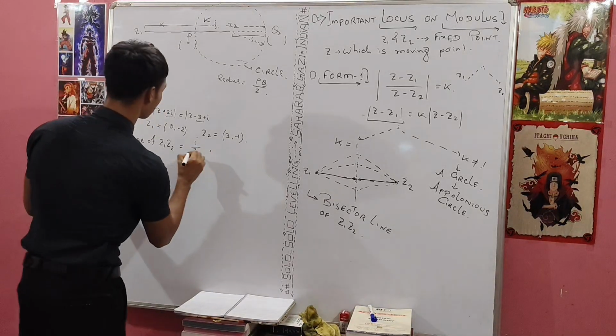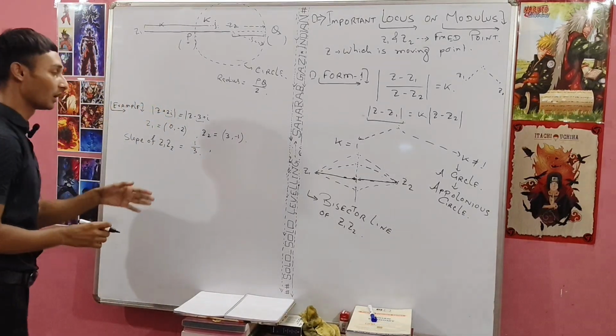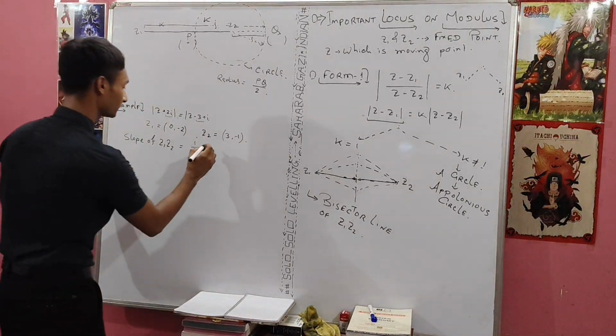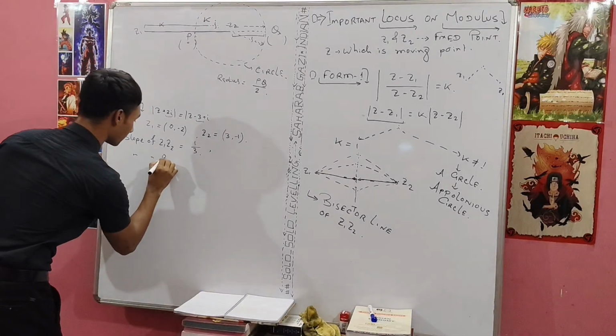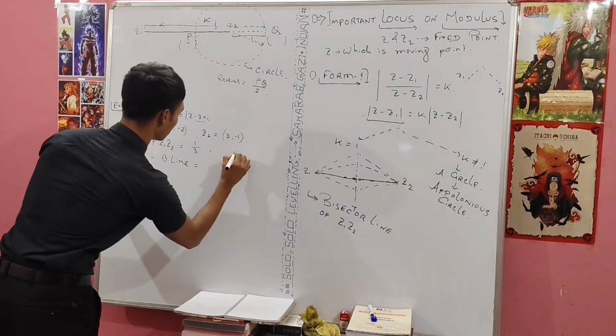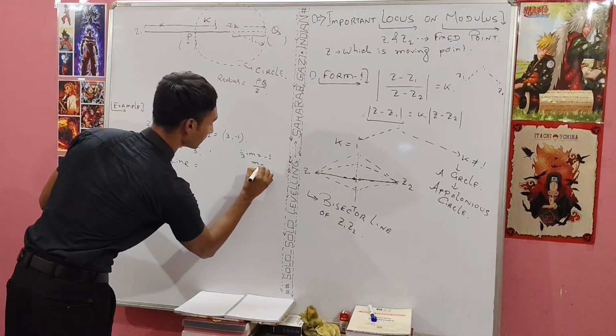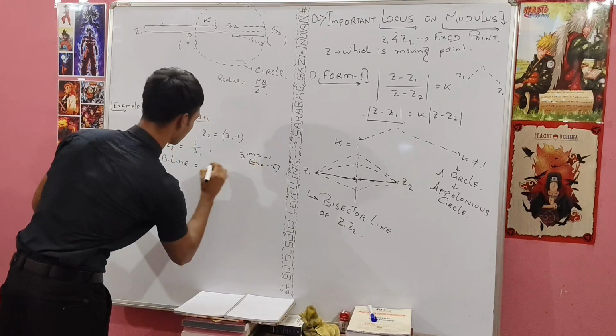So the slope of the bisector line will be 1 by 3 into m is equal to minus 1. So m is equal to minus 3.